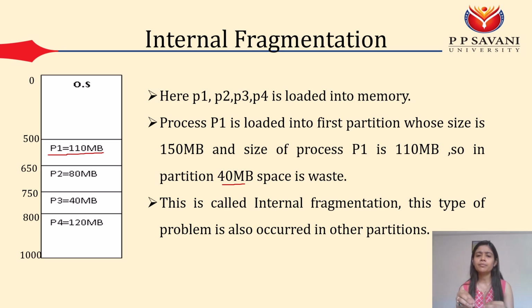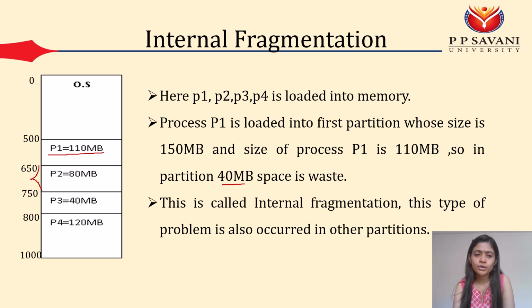This type of problem also occurs in the other partitions. The size of this partition is 100 MB and the process size is 80 MB, so an internal fragmentation of 20 MB is created. In the same way, the remaining two partitions also suffer from internal fragmentation, because the size of this partition is 50 and the process size is 40, so 10 MB is going to be unutilized.